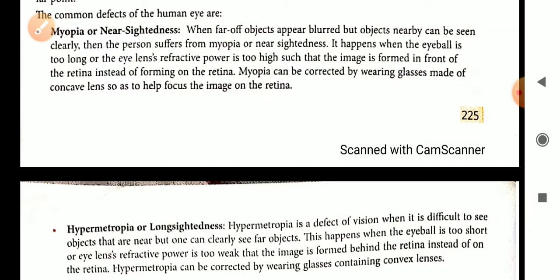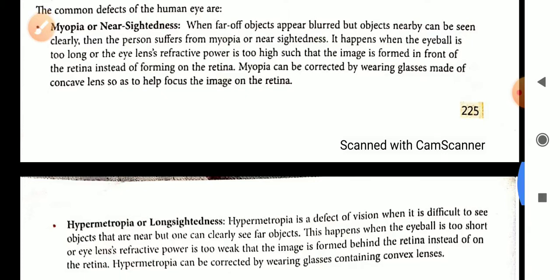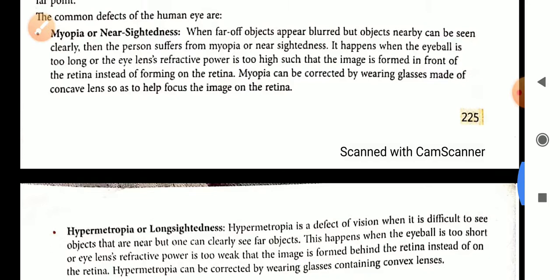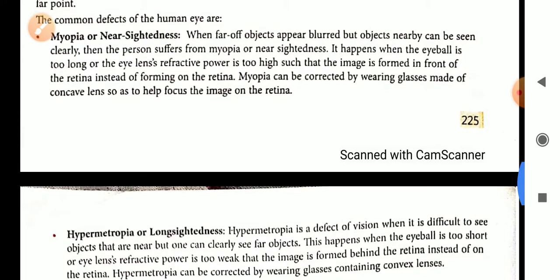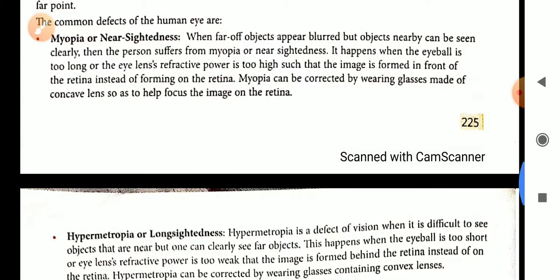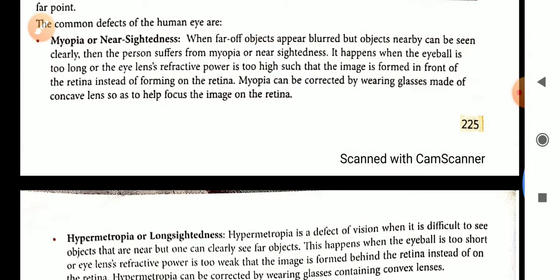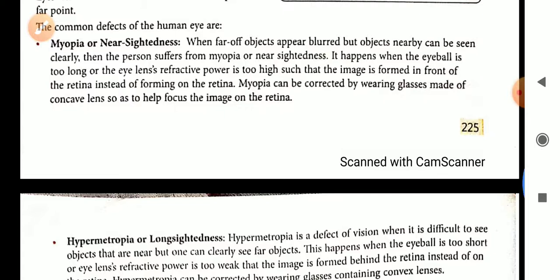First, myopia or nearsightedness. That means we see near objects clearly but are unable to see far objects; they appear blurred and a clear image will not form.